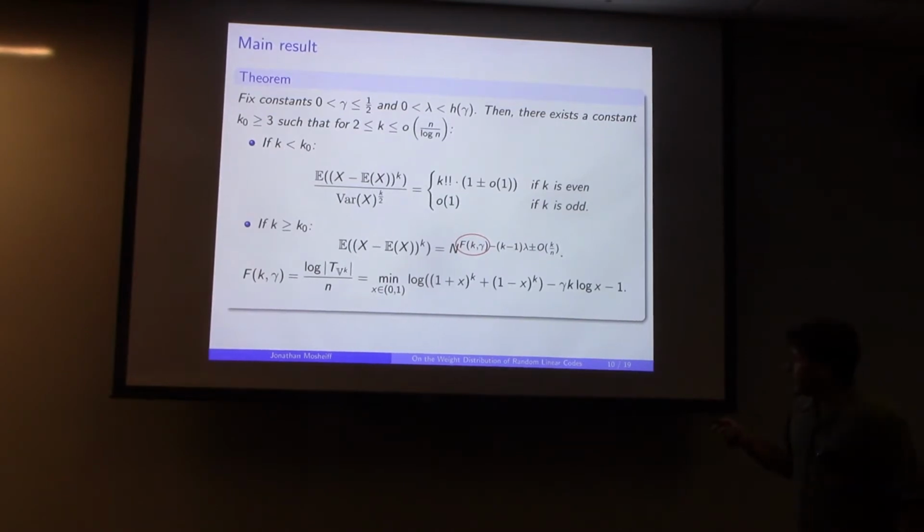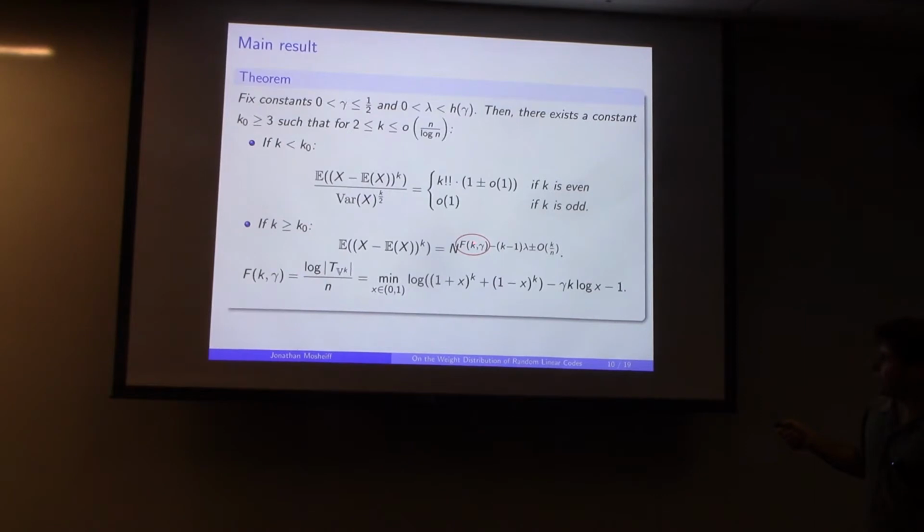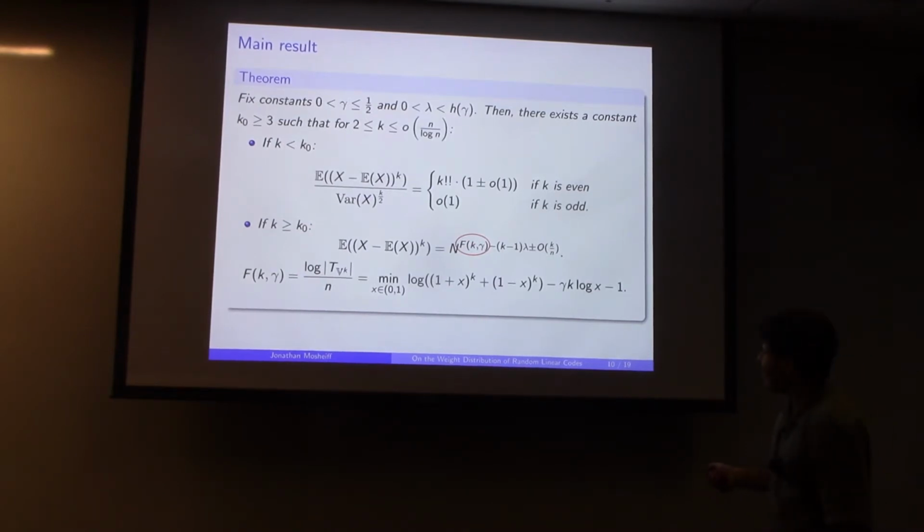This is the entropy of some distribution, f_k gamma. The most important thing to say about it is that it grows super linearly, which means that these moments grow faster than exponentially in k.